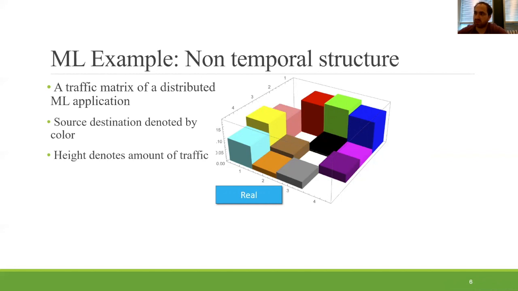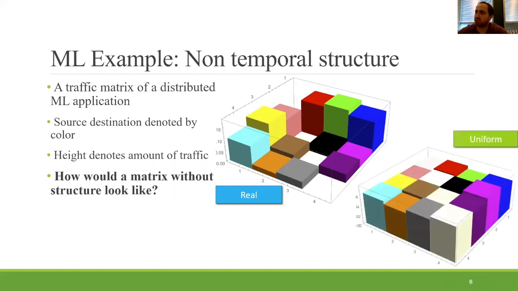Well, here it's harder to define, the structure is less clear, but a nice way to show the structure is looking at a traffic matrix that contains no structure. In this case, we chose the uniform traffic matrix to show a traffic matrix that doesn't contain any structure at all.